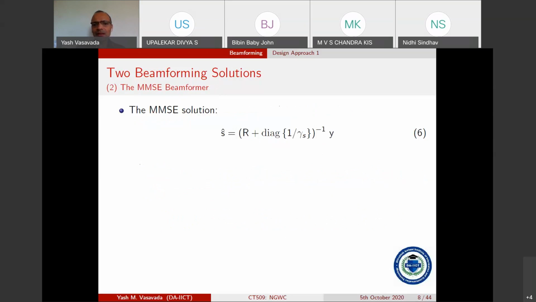We also looked at another way of estimating S, where instead of multiplying Y with R inverse, we add some diagonal value to each diagonal element of R. And the value that we add is determined by the signal to noise ratio of different users.